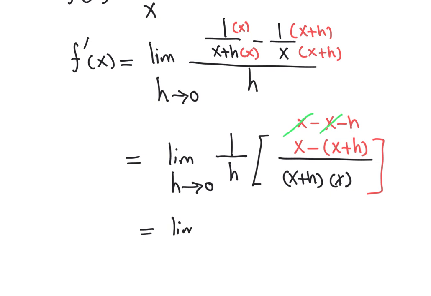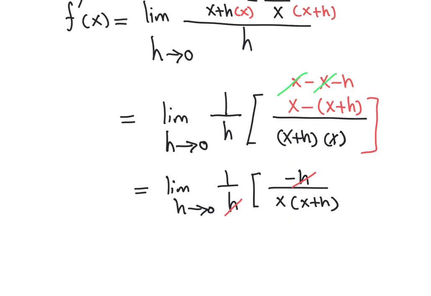It equals the limit of 1 over h times minus h over x times x plus h. As I expected, now I see h in both numerator and denominator. I need to cancel h.